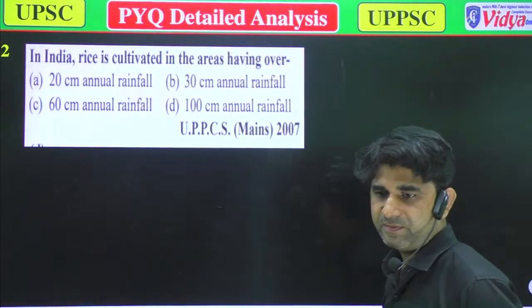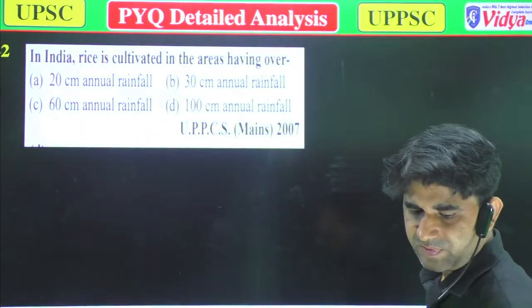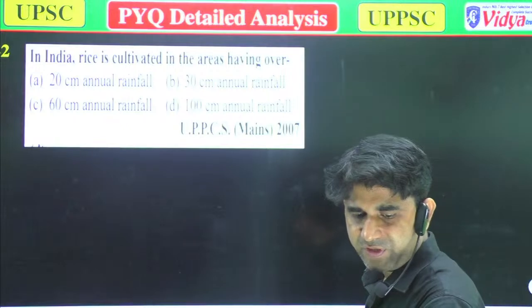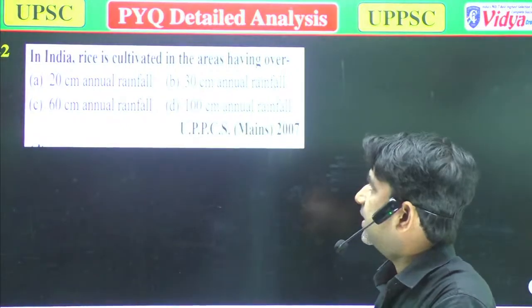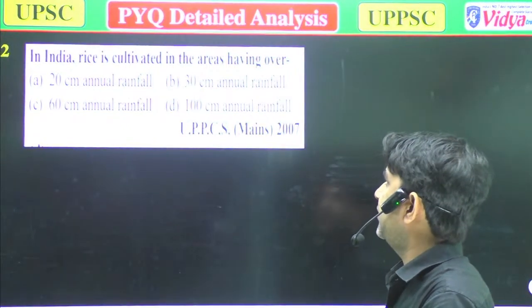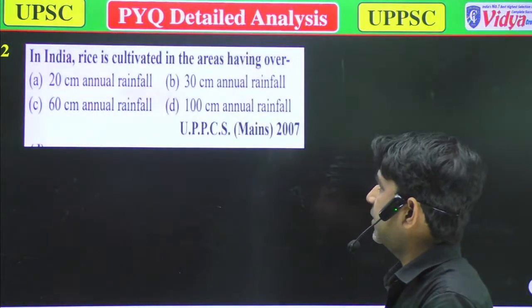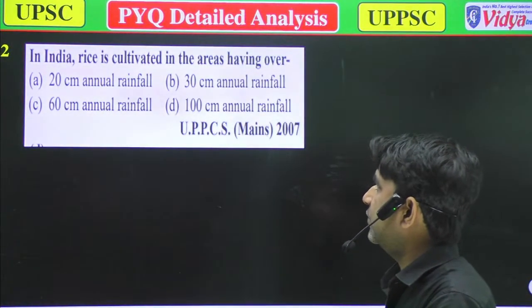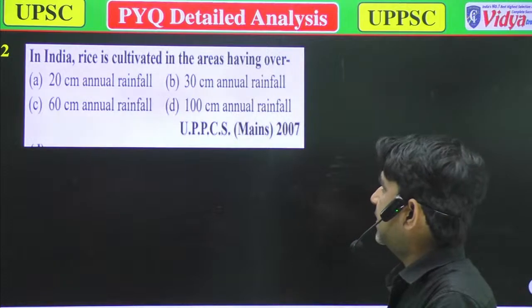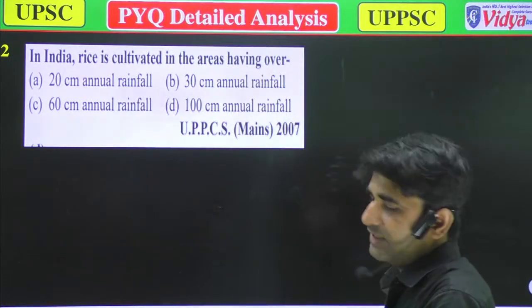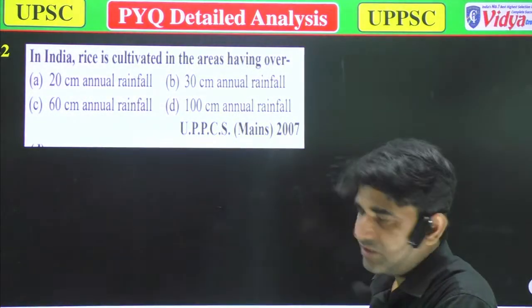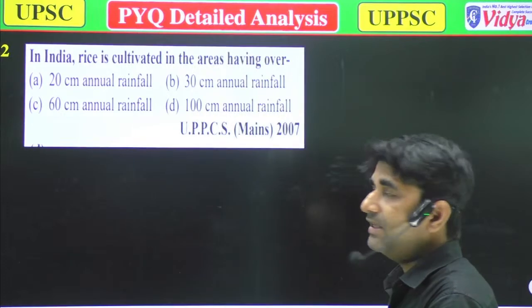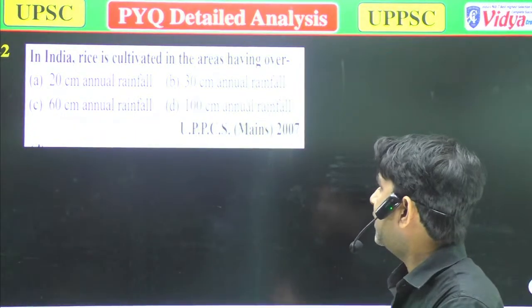The question is, in India, rice is cultivated in the areas having over: A, 20 centimeter annual rainfall, B, 30 centimeter annual rainfall, C, 16 centimeter annual rainfall, and D, 100 centimeter annual rainfall.